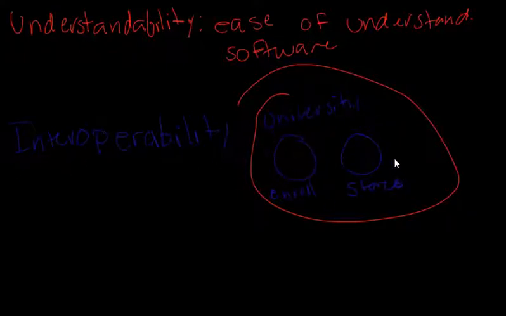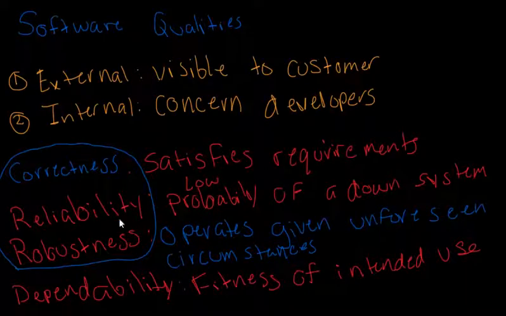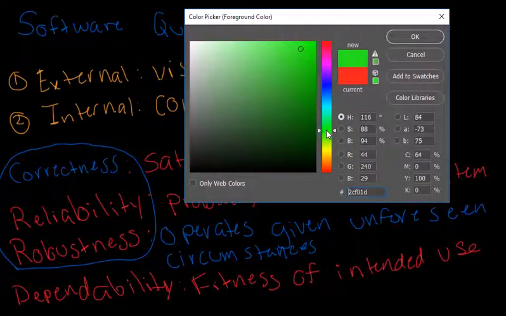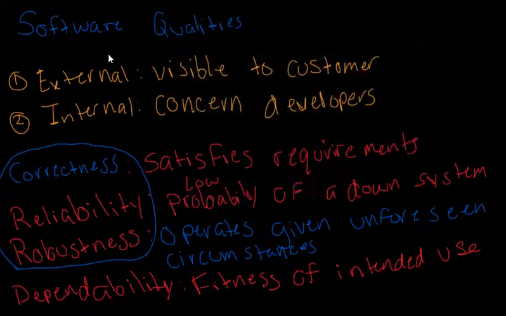And then we have, let's just say they need to have almost like a student store or payment option so they can pay off their student account and all that. So we have a payment system and an enrollment system within the larger university portal, student portal system. So interoperability would be how well these systems cooperate within this bigger system.